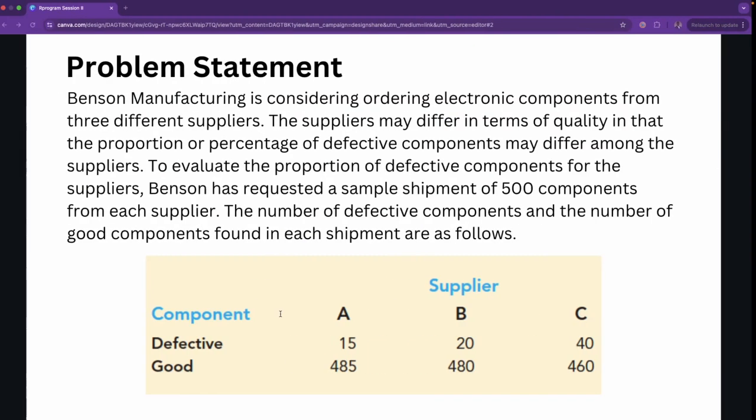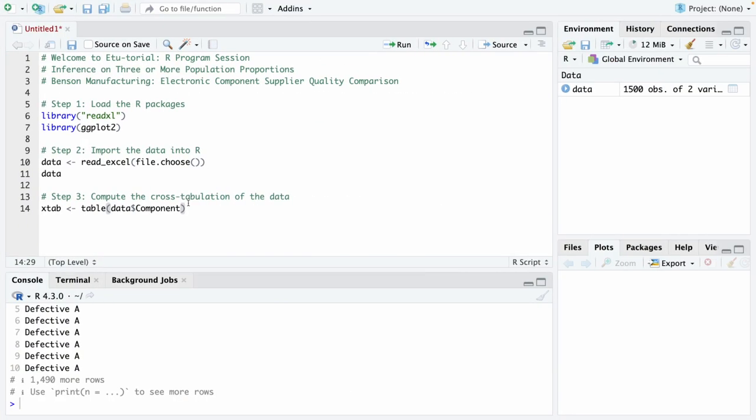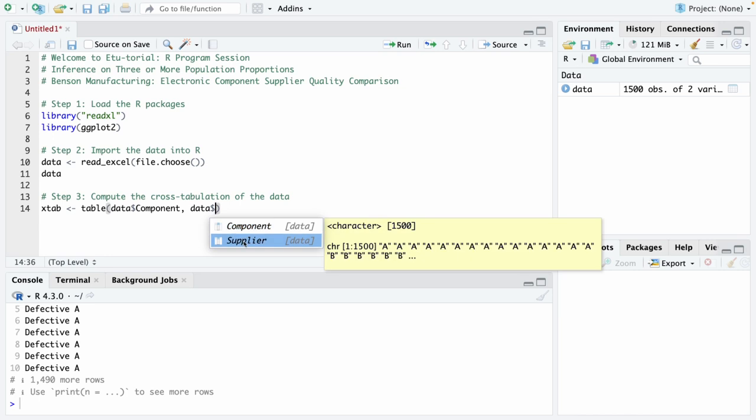What we're doing is calling this first column. Remember, overall the data has two major columns, which are component and supplier. And in supplier, it's split into three categories because we have three different suppliers. So first we call the component, and then the second one will be the supplier. That's what I'm doing here, calling the component first, and then the supplier.